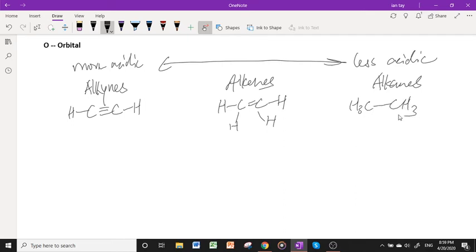Let us take a look at the conjugate bases. The more stable the conjugate base, the more acidic the acid.